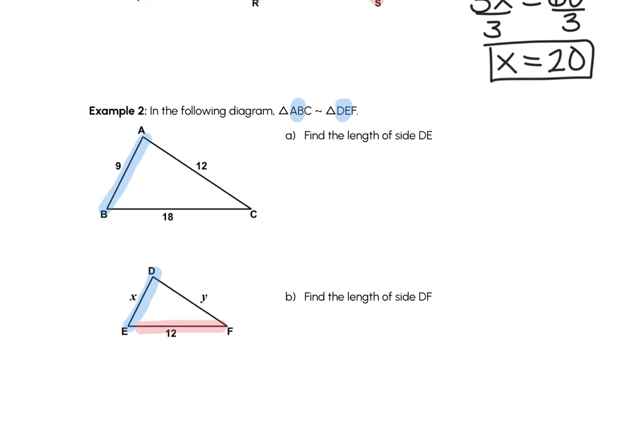EF is 12, and EF goes with BC, so I can use that to write my proportion. So again, I'm going to put the big triangle on top and the small triangle on the bottom. For the big triangle, the sides I colored in blue, I have 9 over x. Put my equal sign, and then the sides that I colored in red, 18 over 12.